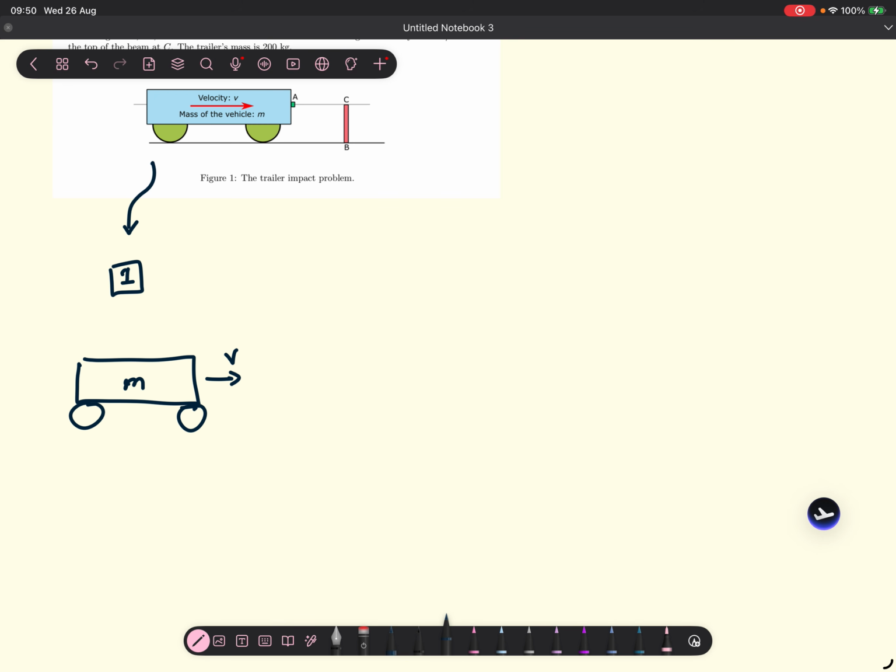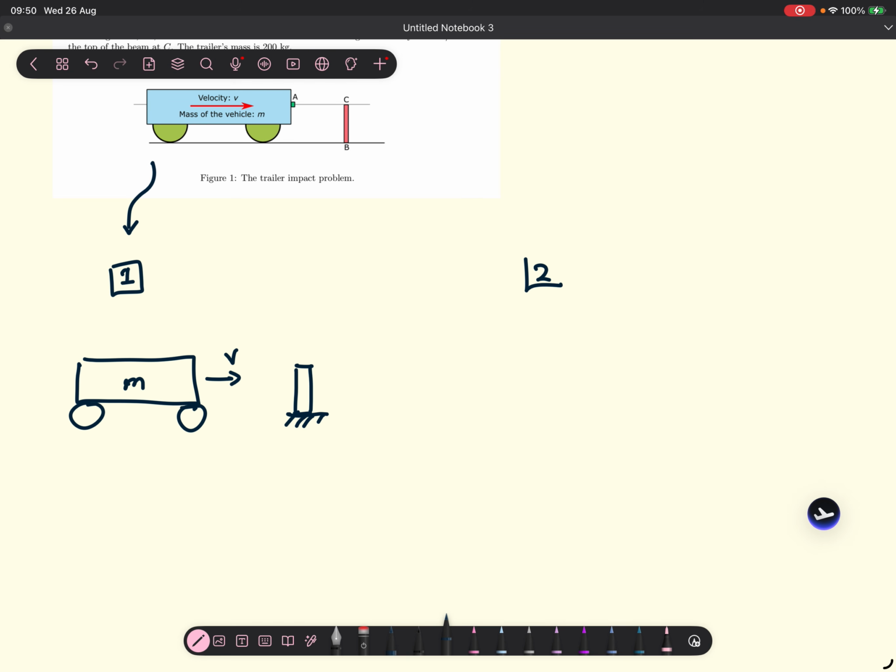And at state 1 nothing is happening to the beam, so it's basically just fixed, it's stationary. So this has no energy. Its energy is equal to 0, and then the car has some kinetic energy.